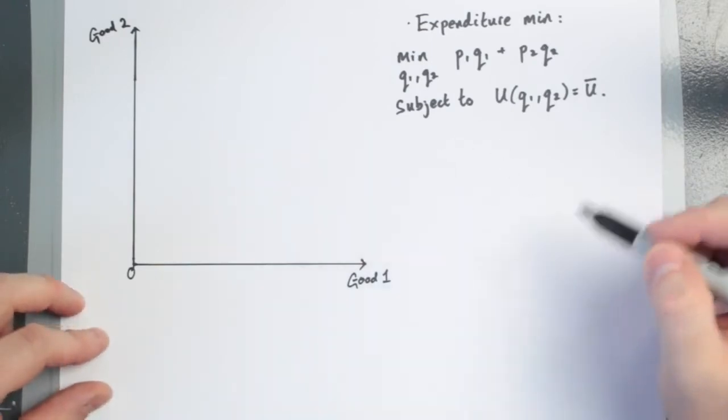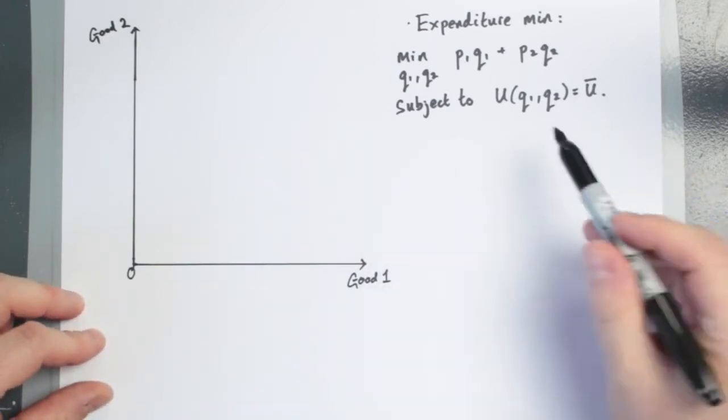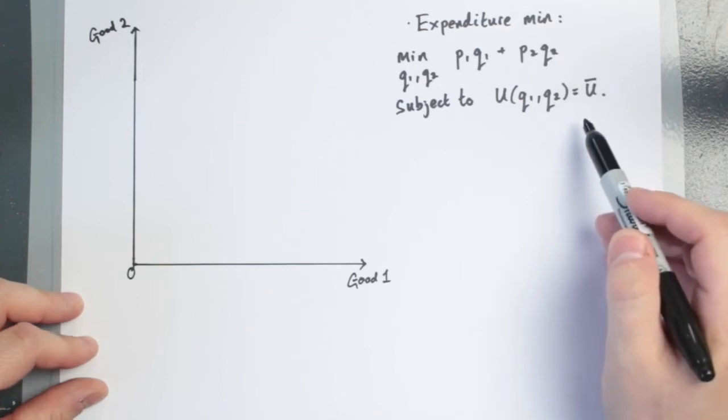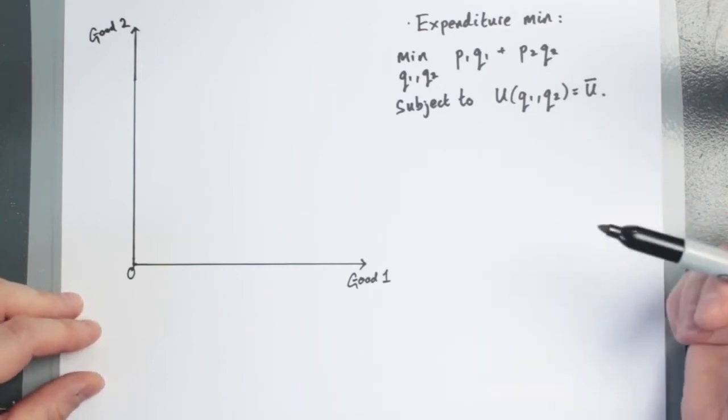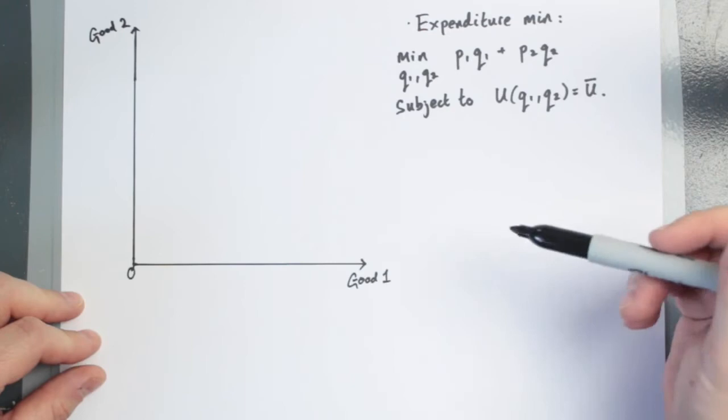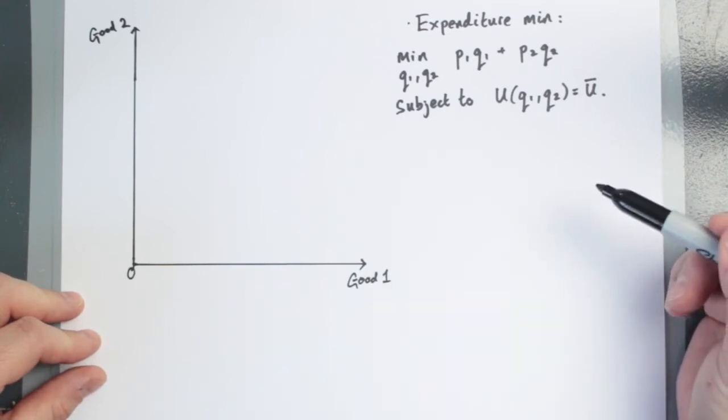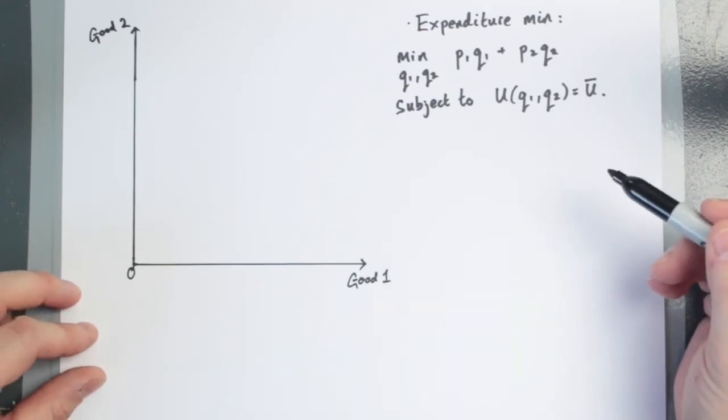Well, first of all, let's represent the constraint. I know that bundles of goods that have the same level of utility, graphically, all lie on the same indifference curve.